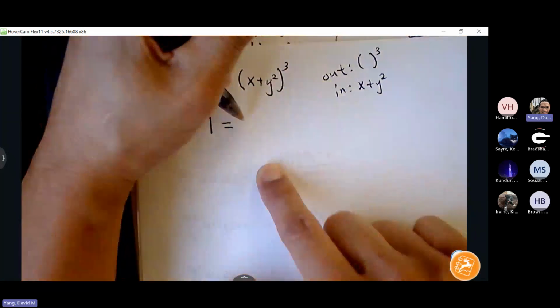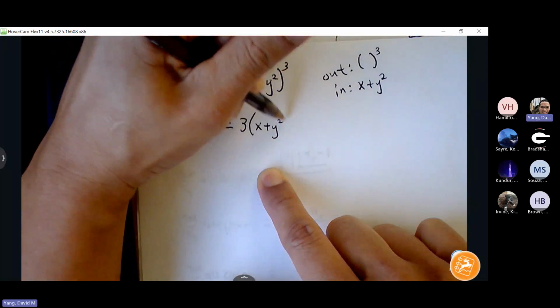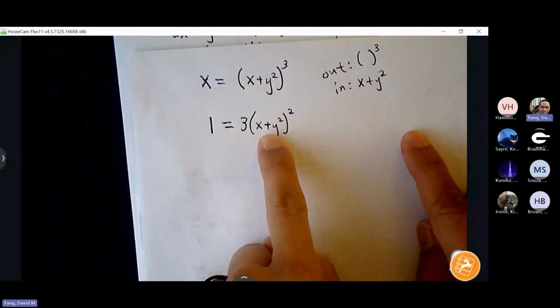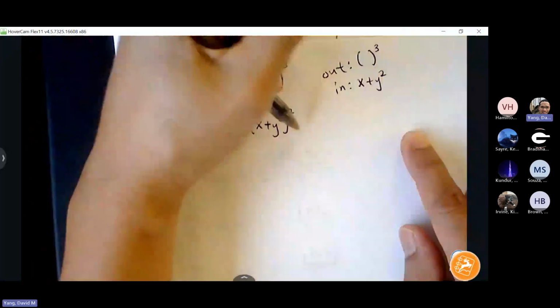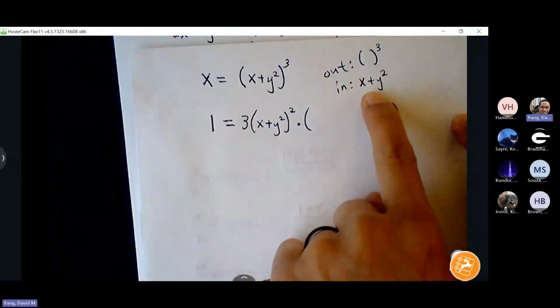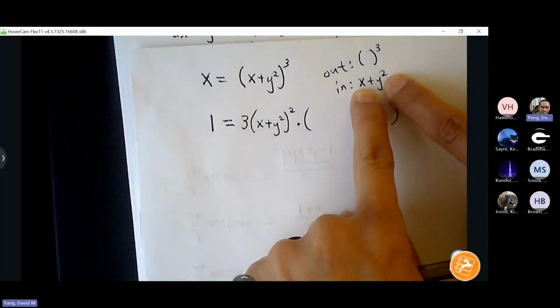So outside's derivative would be 3(x plus y squared) squared, right? Parentheses cubed becomes 3 parentheses squared. We don't touch the inside. But now that we're outside of that expression, we can work on the inside portion. So what is the derivative of each of these terms? Both of these are power rule.